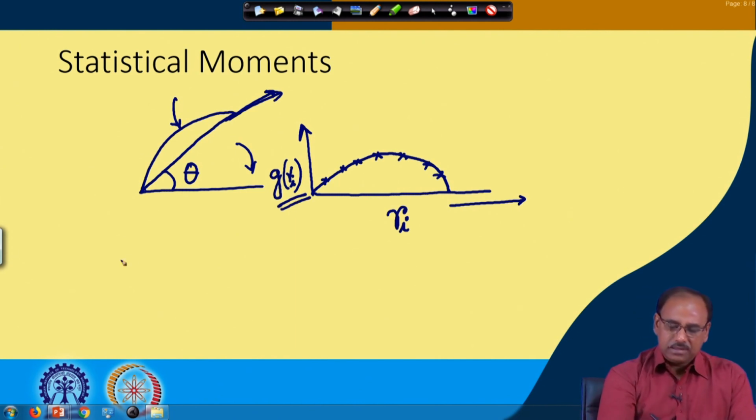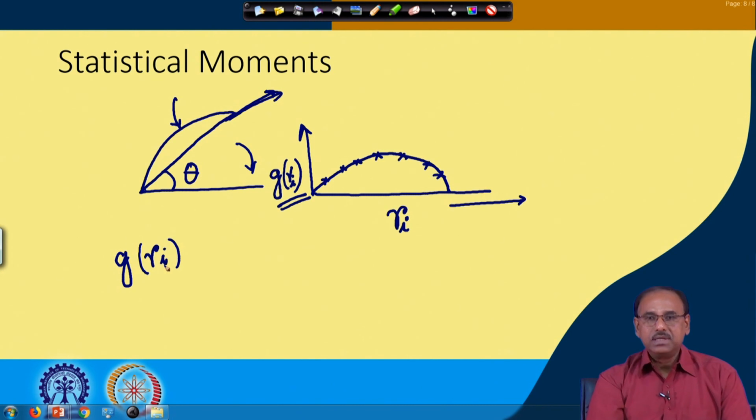So, what I can say is that after normalization, this g(r_i) tells me the frequency of occurrence of this discrete variable r_i in this particular scenario. So, it is a frequency of occurrence. Once I have this frequency of occurrence, then I can compute different types of statistical moments.